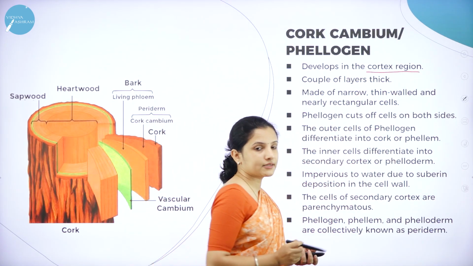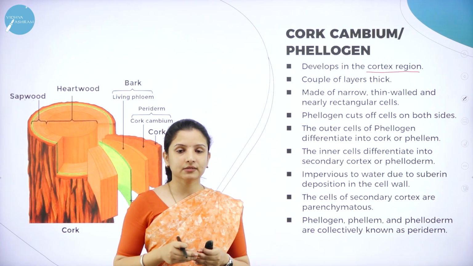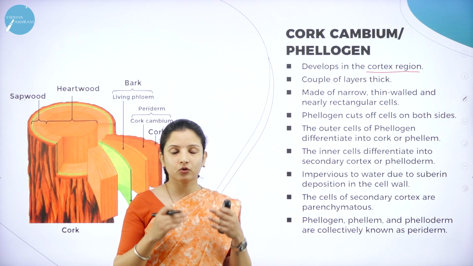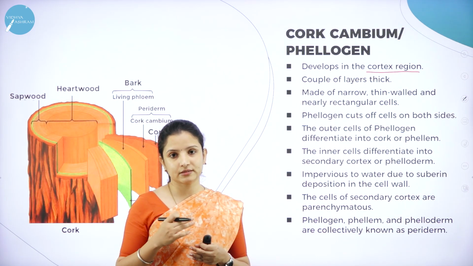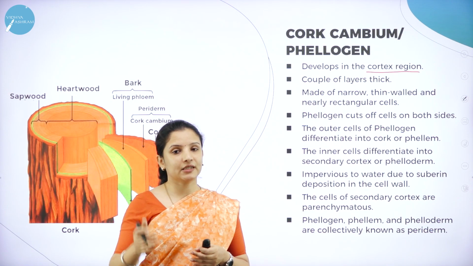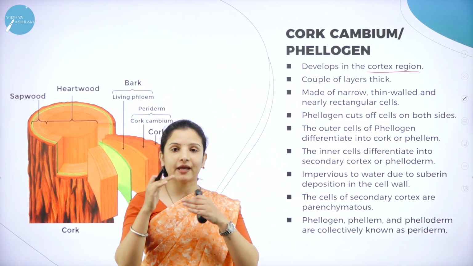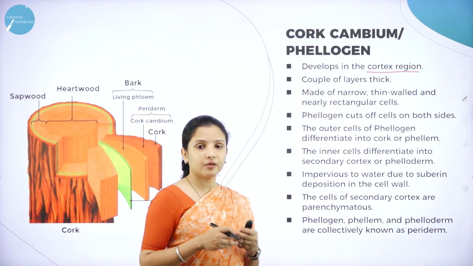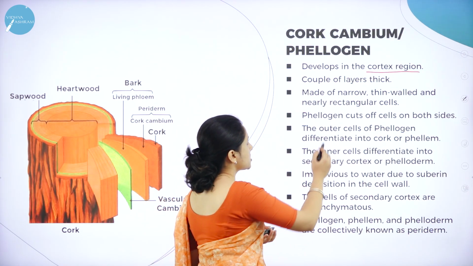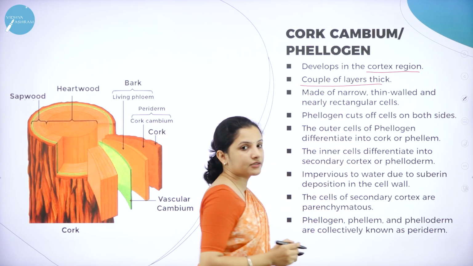So what is the cortex? In the stem, the parenchyma, collenchyma and sclerenchyma region, or the region present between the epidermis and the endodermis, is the cortex region. Therefore, the cork cambium usually develops in the cortex region and it is a couple of layers thick.